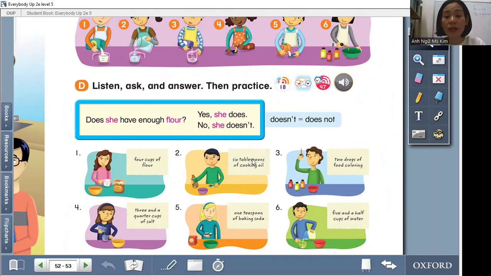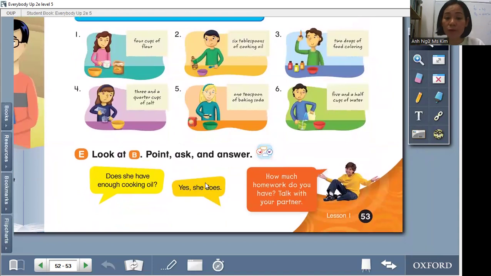Ask her to read it well. Remember, for Vietnamese, the pronunciation is hard for us. So let her read well, answer the questions well, and do more practice here. Usually this part is for practice.